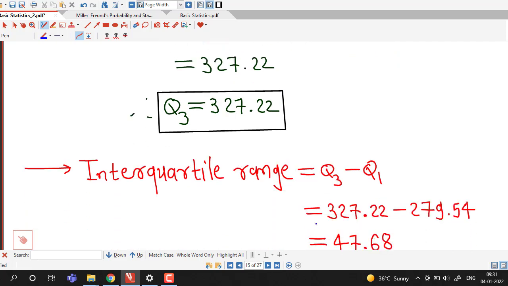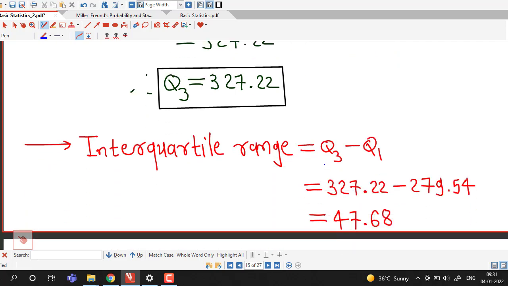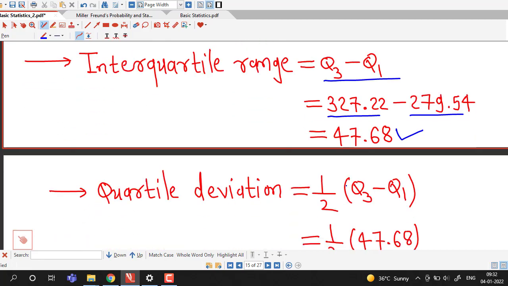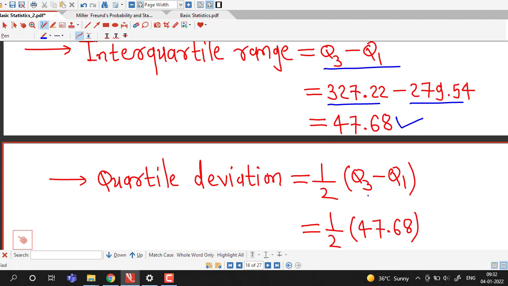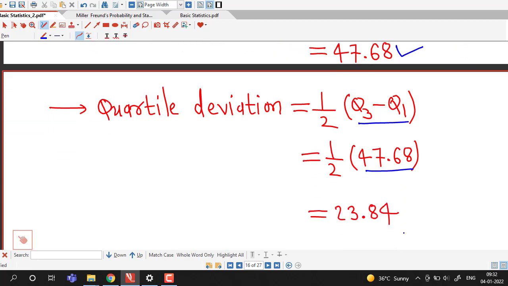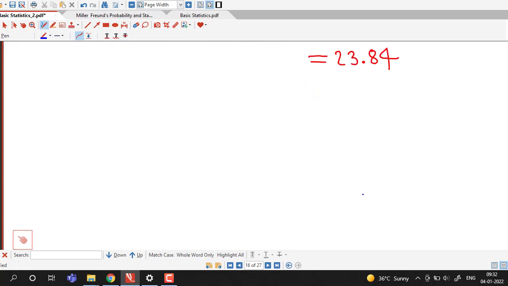Then we can find out interquartile range by taking difference of third and first quartile, and interquartile range turns out to be 47.68. Quartile deviation is half of interquartile range, so 1 by 2 times 47.68, that is 23.84.